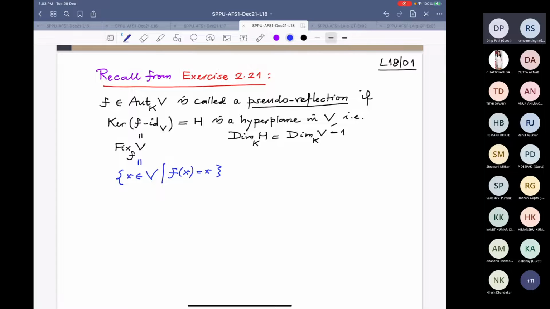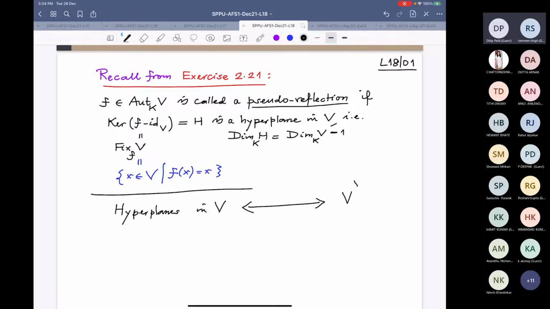So what will I think? Remember, hyperplanes in V, this you must be studying in your linear algebra course, are in one-to-one correspondence with the linear forms.